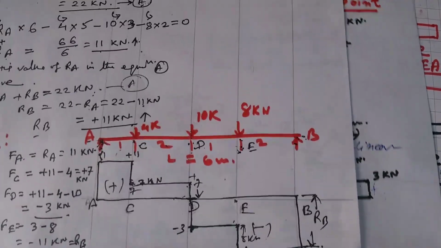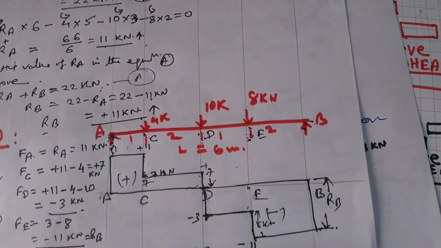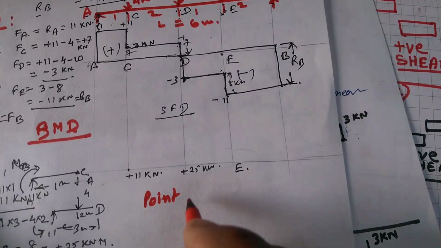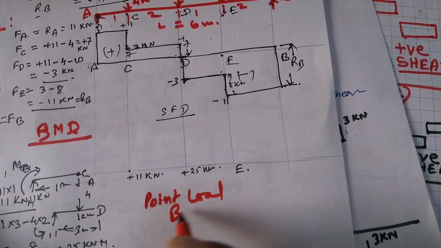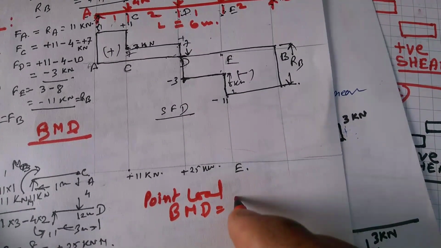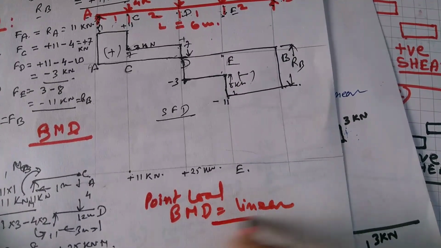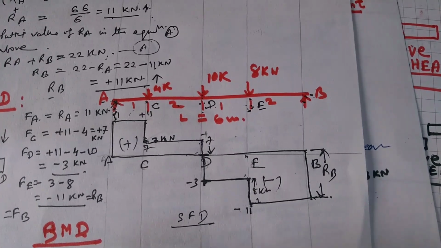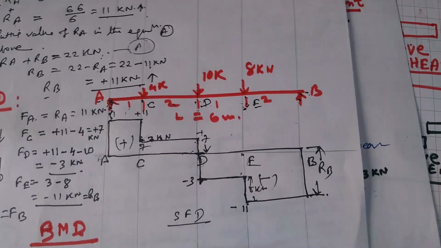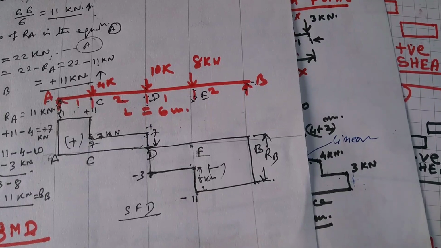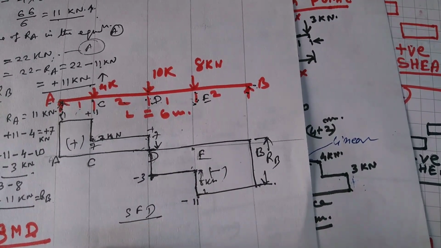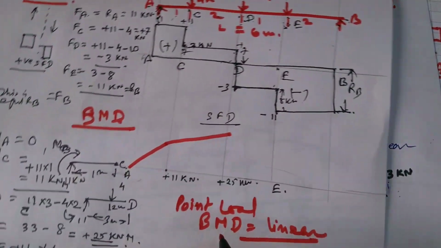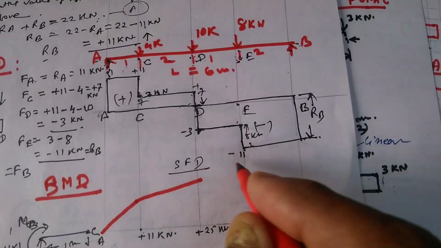This is 0 and this is 11 plus 11. Please remember that when there is a point load, the BMD is linear. Linear means write down like this, 11, and the bending moment at this point C equals positive 25, so write down 25, and bending moment at D I have already calculated 22, so write here 22.